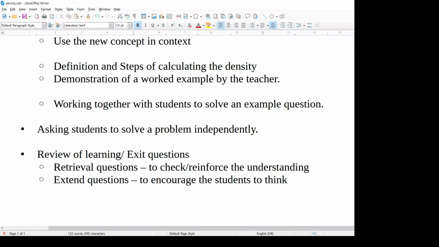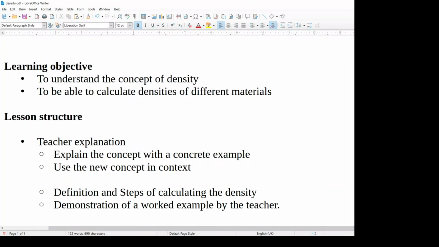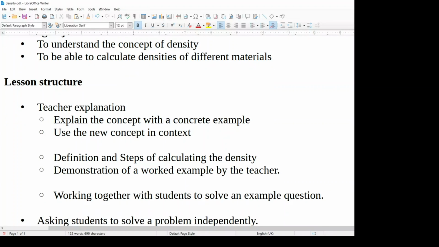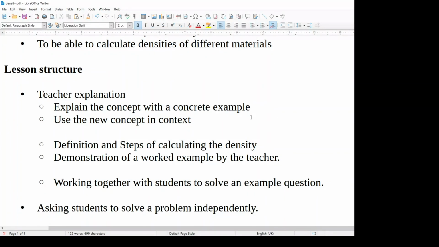Okay, now we have a rough plan of what we want. Let us start. First, we need to explain the concept with a concrete example. How to do it? If we don't have an idea of how to do it, this is a good point to get to ChatGPT. Let us ask.